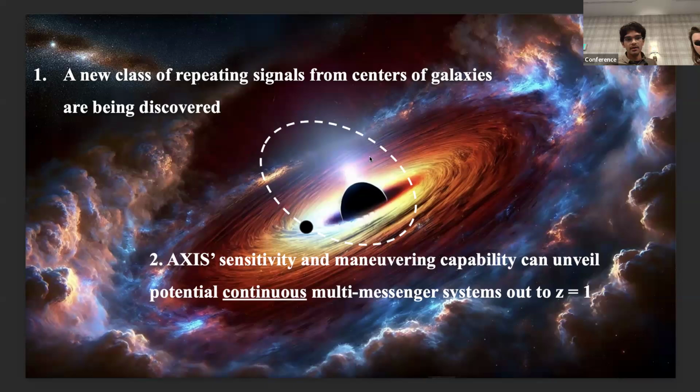It's simply too short. So at ISCO for a 10 to the 6 solar mass black hole, it's like a minute, right? I thought it was longer than that. Yeah, so I thought most of these were longer, 10 to the 5, 10 to the 6. Okay.